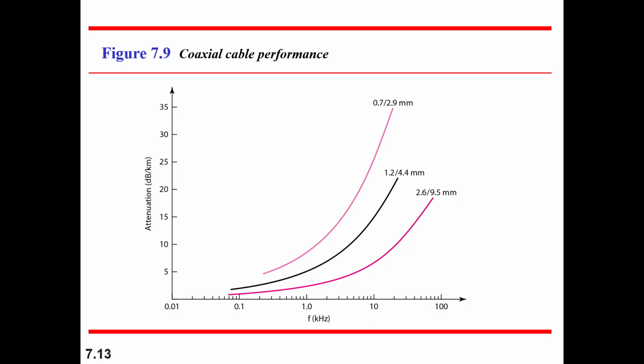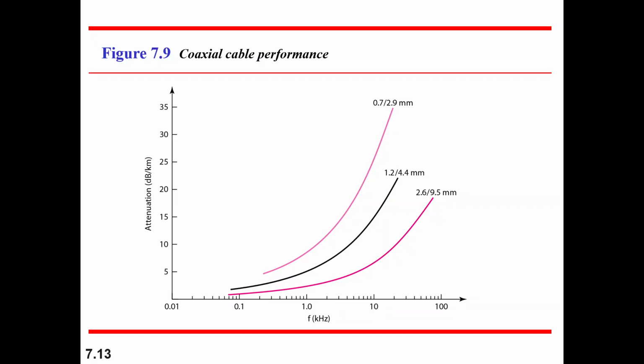Another common application of coaxial cable is in traditional Ethernet LANs. Because of its high bandwidth and consequently high data rate, coaxial cable was chosen for digital transmission in early Ethernet LANs.